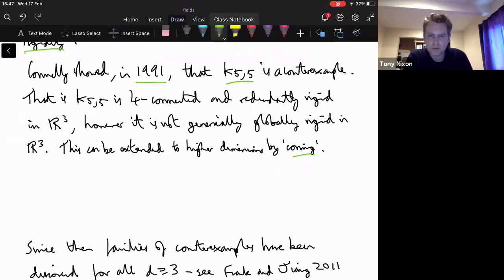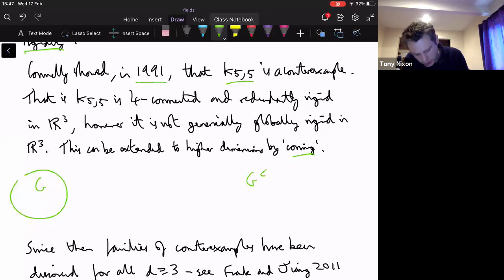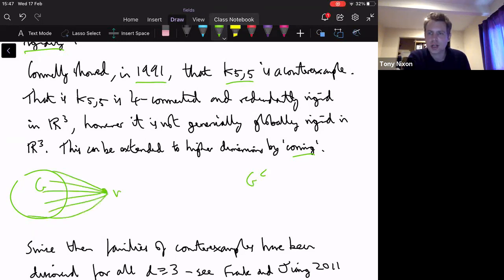I don't think I've defined coning yet in this course. If I give you a graph G, then you want to use G^C to denote the cone of G, which means you add one vertex and you join it to every vertex of G. Unless someone shouts, I haven't defined this in this course, I don't think, but my memory is bad, so shout if I have.